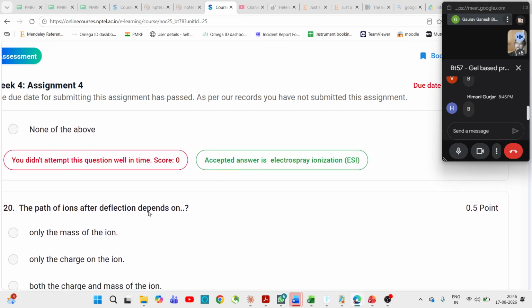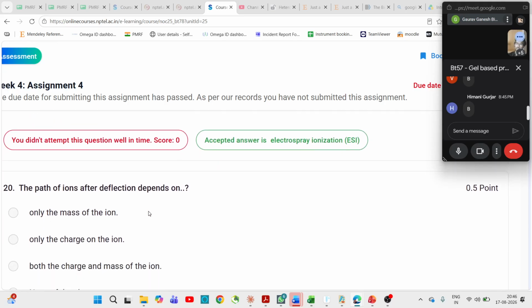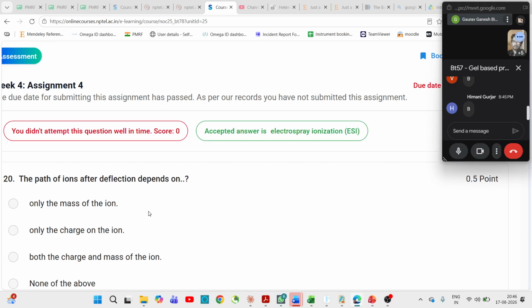The path of ions after deflection depends on. It's just a tricky question, but if you know the principle of how mass spec works, it's easy to answer.